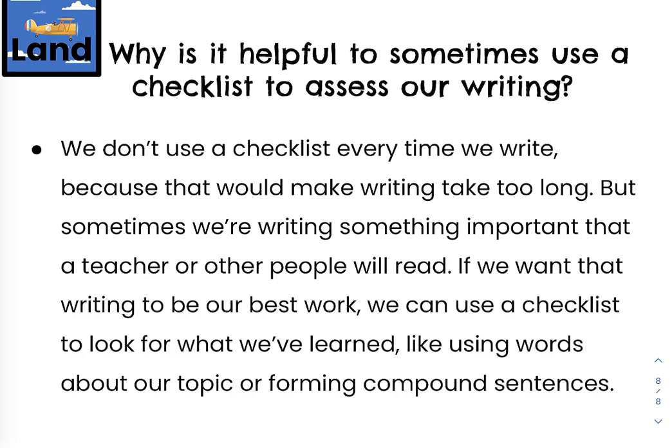But sometimes we're writing something important that a teacher or other people will read. If we want that writing to be our best work, we can use a checklist to look for what we've learned, like using words about our topic or forming compound sentences. So it helps us really look at what work we've done and see, did we do our best work or are there things that we can work on?